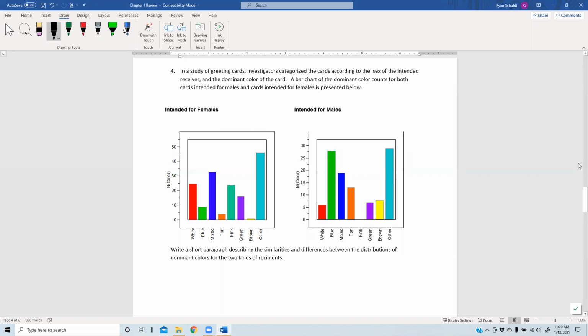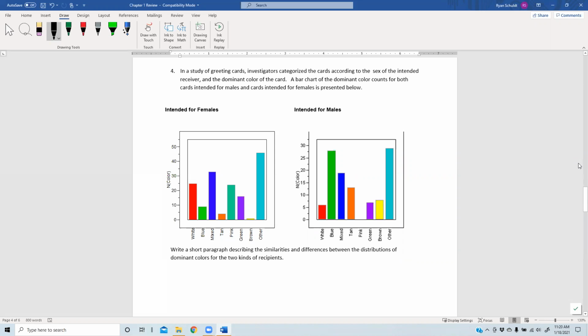Anyways, they ask us, once we look at the graphs, to write a short paragraph describing the similarities and differences between the distributions of dominant colors for the two kinds of recipients.